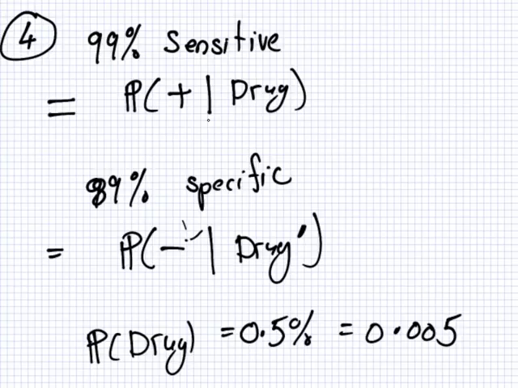It's a bit like with the drug use. If the person uses drugs, maybe it's easier to get a positive result than if they're not using drugs. It's harder to get a negative result. So in real life, this number will probably be less, like maybe 89%. But for this question, I'll say both are 99.